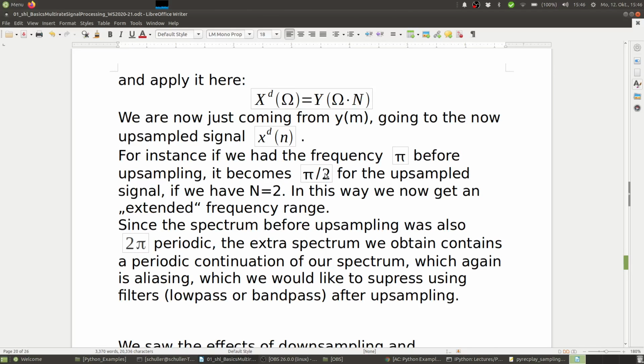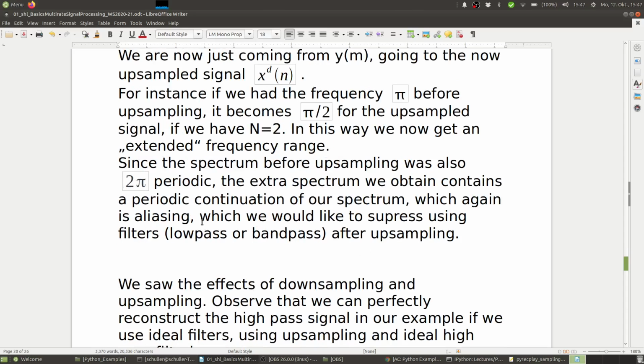It now becomes pi over 2 for the upsampled signal if we have N equals 2. In this way, we now get an extended frequency range. Since the spectrum before upsampling was also 2 pi periodic, the extra spectrum we obtain contains a periodic continuation of our spectrum, which again is aliasing, which we would like to suppress using low pass or band pass filters after upsampling.